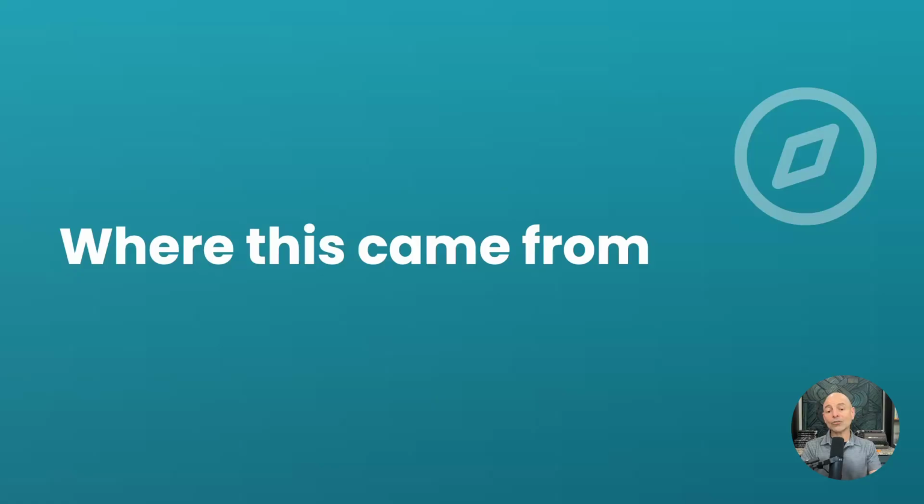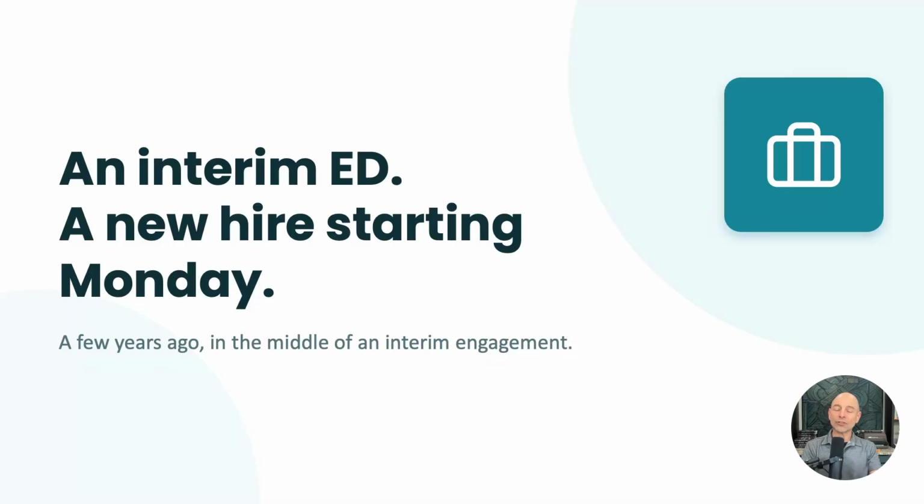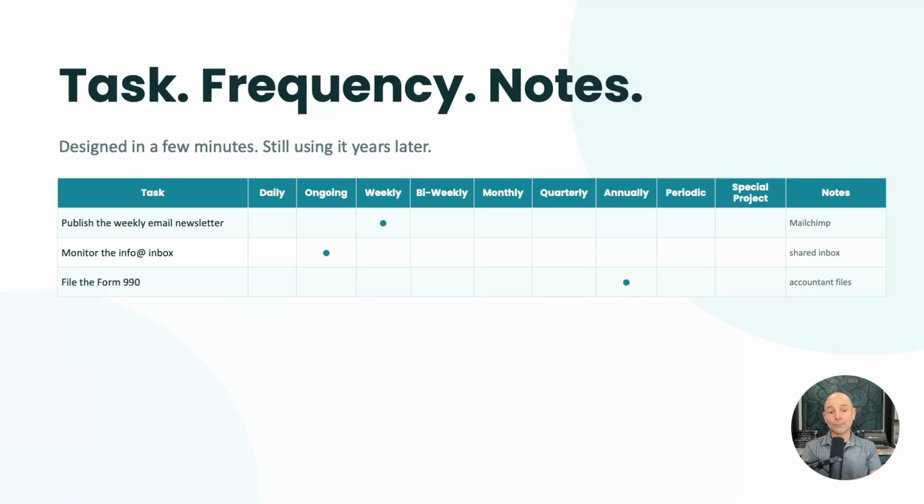Now, how I first came up with this spreadsheet is that I was doing an interim executive director engagement. This is a few years ago, and I think it was about a Tuesday or Wednesday, and I was starting to work on the onboarding plan for a new employee who was going to be starting on Monday. And I had this realization that it would be really helpful for me to have a list of all of the tasks that this person would need to do, as well as the frequency, whether they were daily, ongoing, weekly, monthly, quarterly, annually, or periodic.